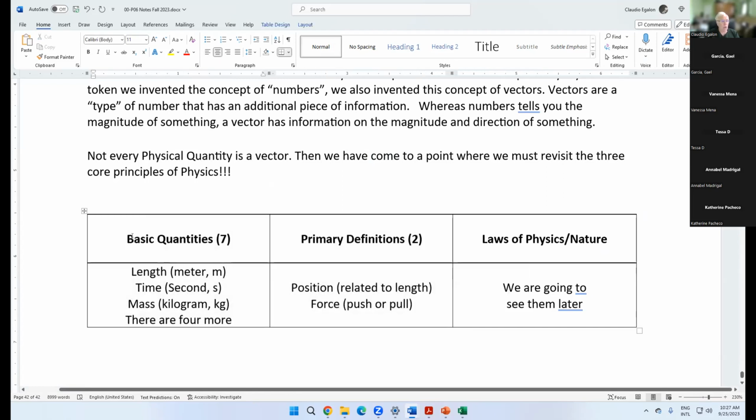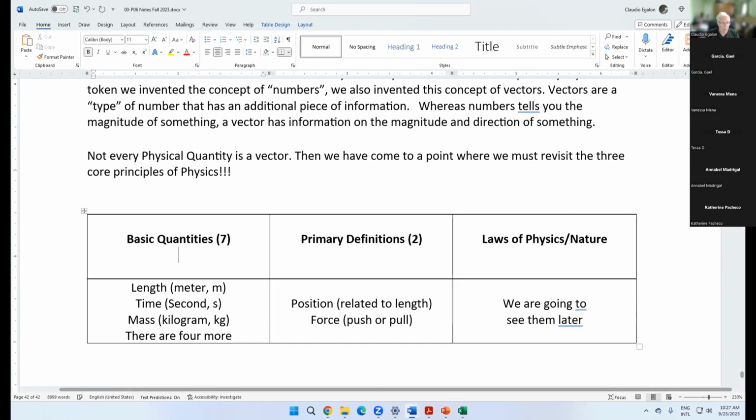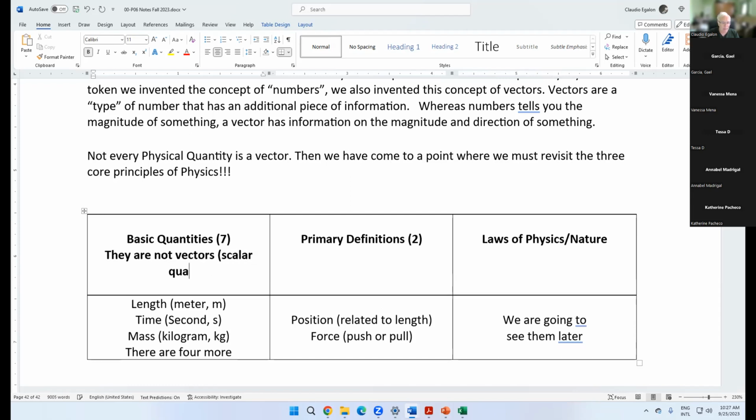Lengths, all those basic definitions that we have, they are not vectors, okay? Those quantities which are not vectors, length, time, mass, which are represented only by a number, by a magnitude, we call them scalar quantities.